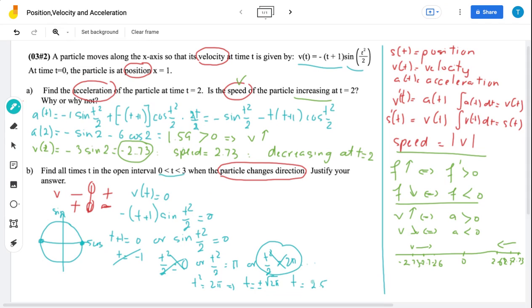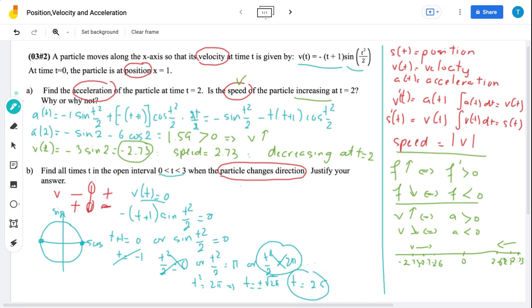So we just choose t equal to 2.5. That's where the velocity equals 0, but it doesn't mean that the particle changed direction. It has to go from negative to positive. What if both sides are positive? Then it can touch 0 but keep going in the positive direction. It could be the case.